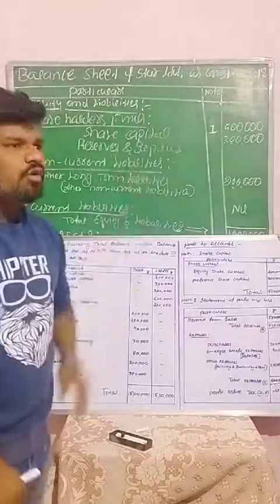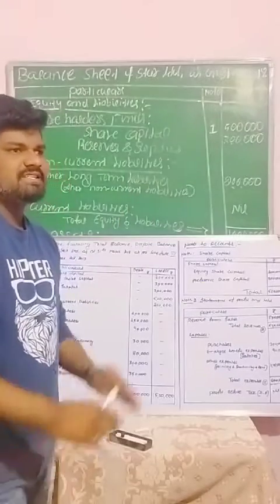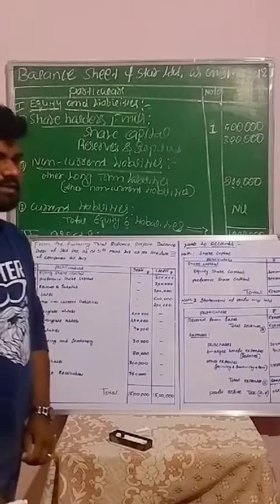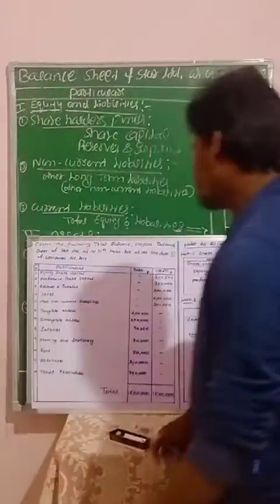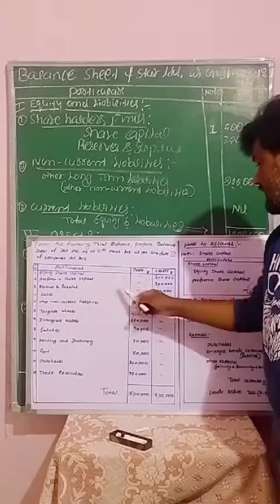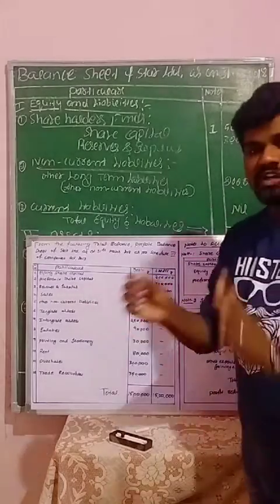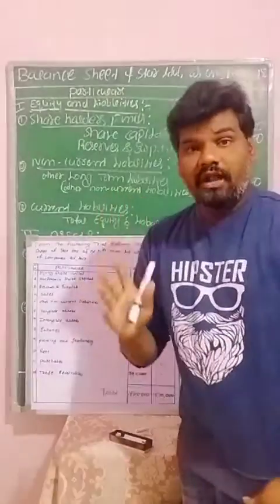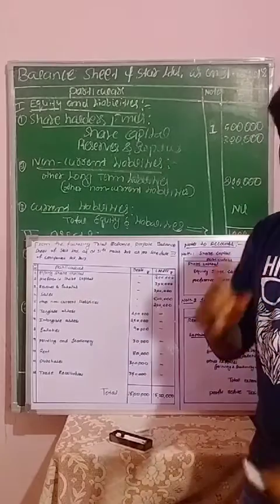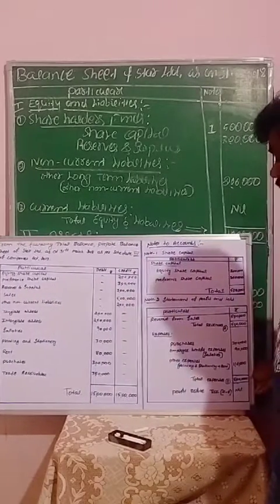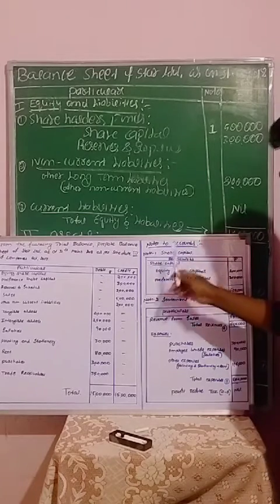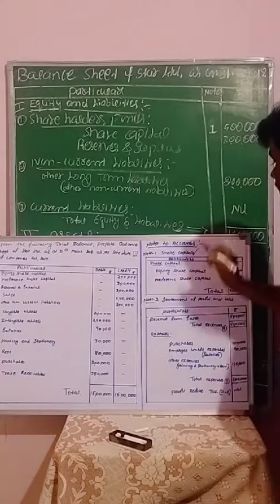Under shareholders' funds, what transactions do we need to record? Here there is some information regarding share capital: equity share capital and preference share capital. Both are related to share capital. For these two transactions we now apply a working note: notes to accounts, note number 1, share capital. Now we need to find this share capital amount.